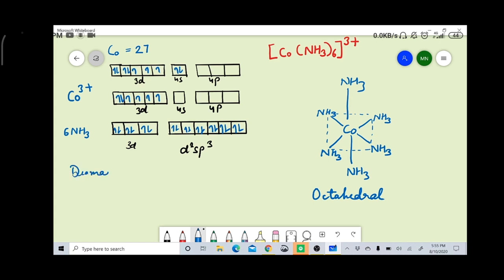And because the inner 2 d orbitals are used in hybridization, this is an inner complex. When there is no unpaired electron in a complex, the complex is also known as a low spin complex.